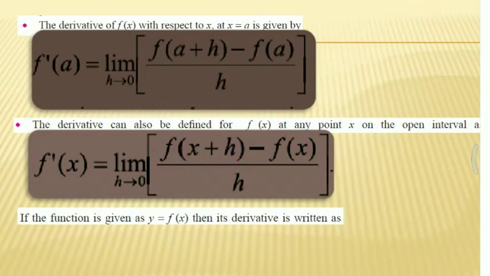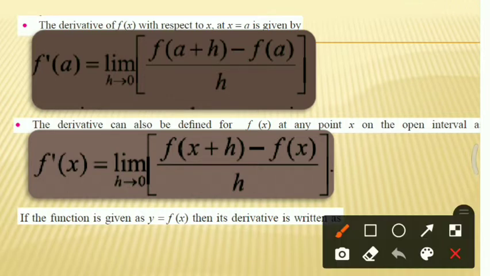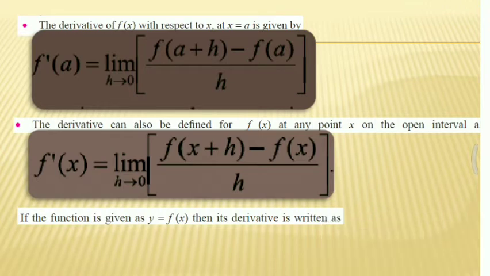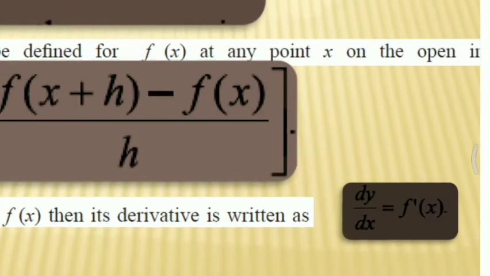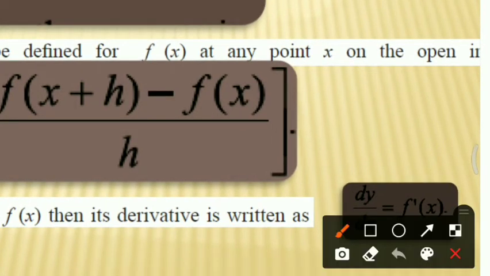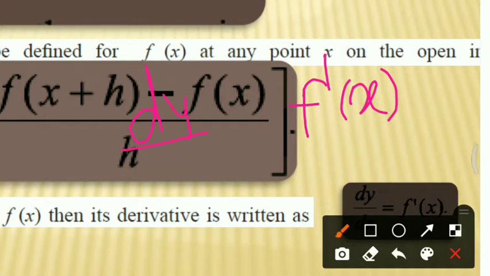Now see here, if the function is given by y equal to f of x, its derivative is written as dy by dx is equal to f dash of x. So here we can conclude that f dash of x and the term dy by dx both are the notations of derivative of a function.